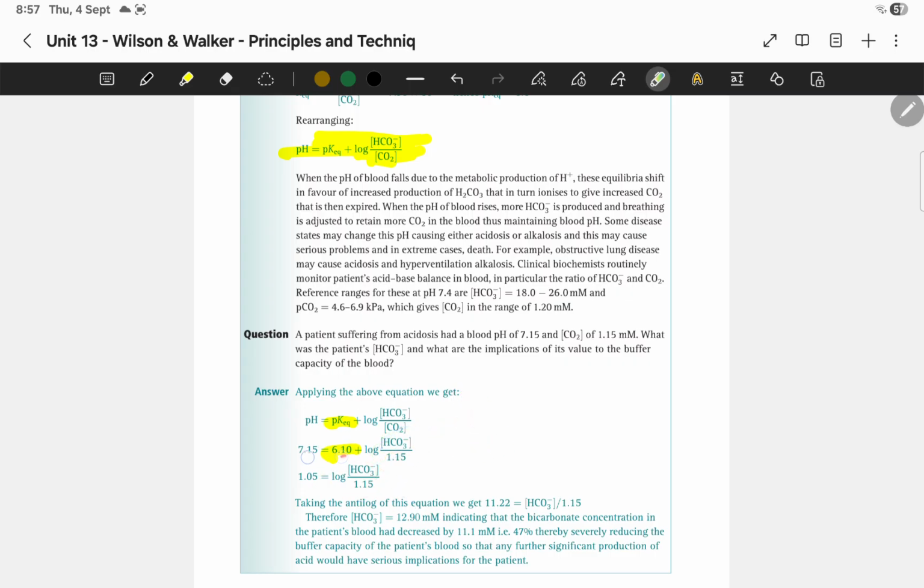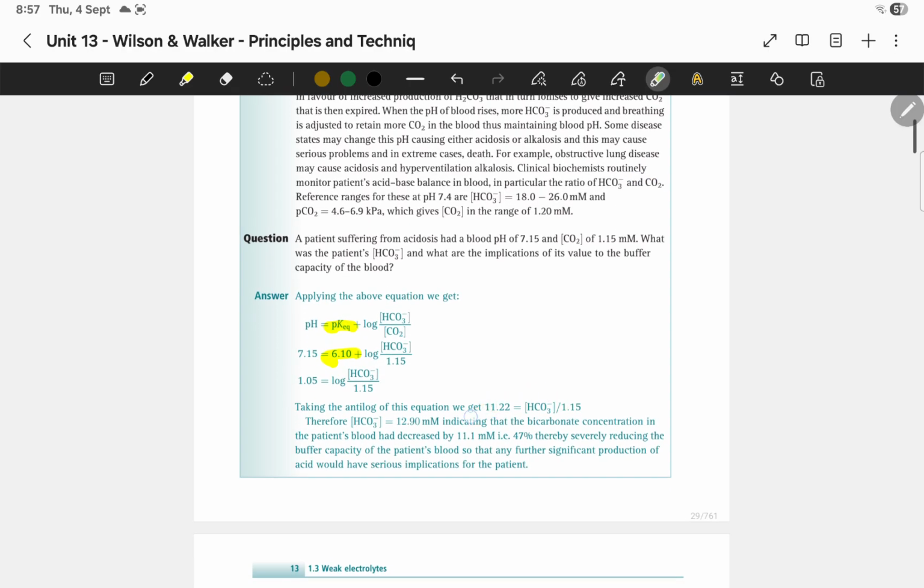So this is subtracted here, we get the log of this, then taking the antilog of the equation, we get this. Now we'll multiply this by this. Therefore this is the concentration we found for HCO3. Normal should be about from this to this.